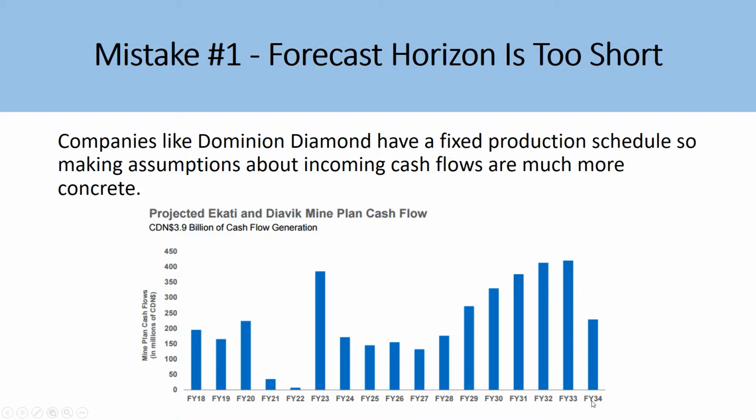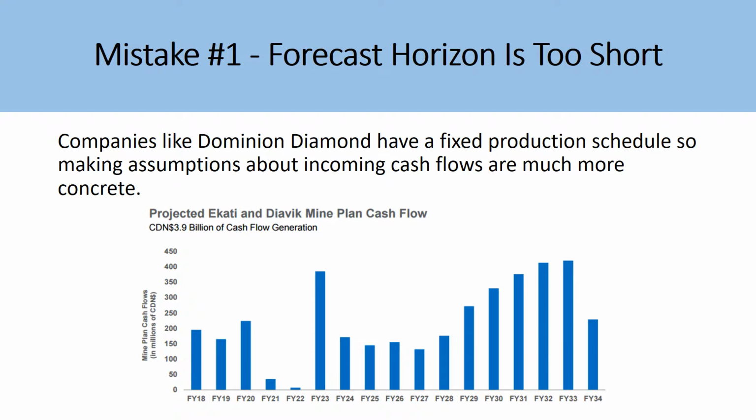This is a very easy example, but for mining companies especially, for the forecast horizon of that discounted cash flow model, there's no excuse for you to project out 5 years alone. You should be projecting out to the final year that the company has provided. In this case, they know best. Of course, there are questions whether management are lying to you or not.